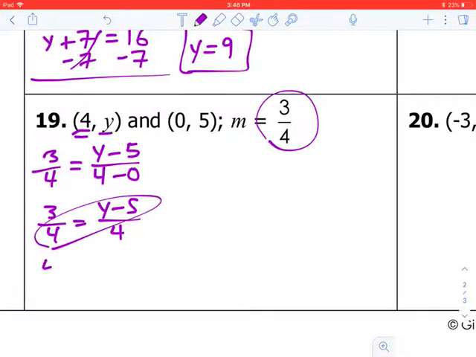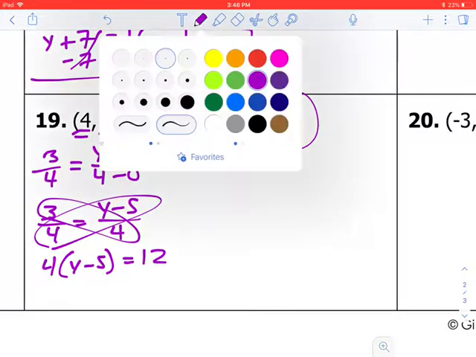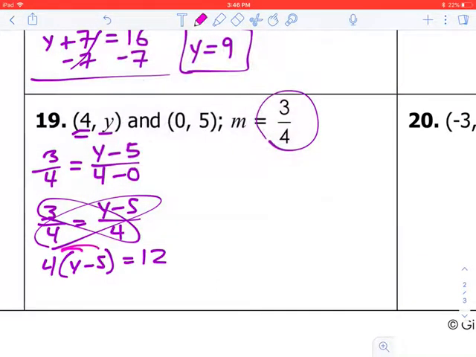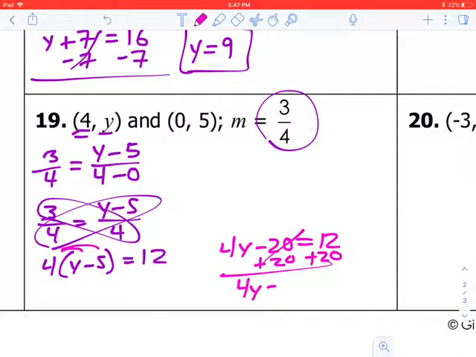Cross multiply, so 4 times y minus 5 equals 3 times 4 is 12. And now let's go ahead and distribute and solve. So 4y minus 20 equals 12. Add 20 to both sides. I get 4y equals 32. Divide by 4, I get y equals 8.